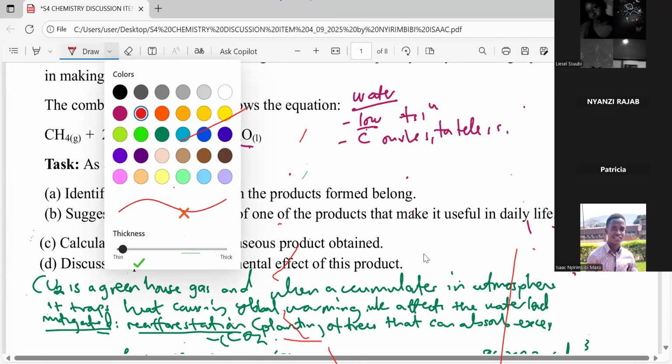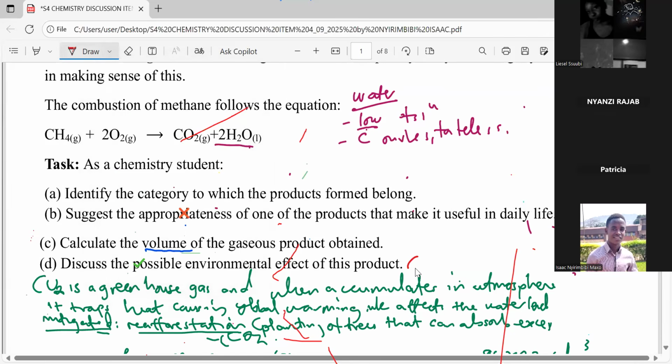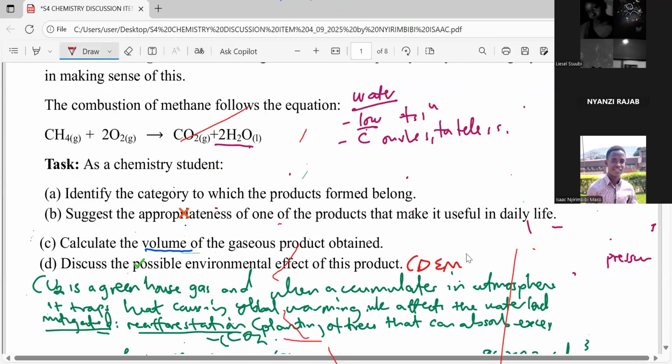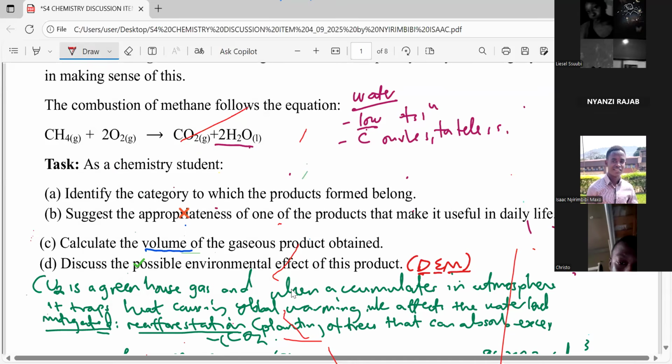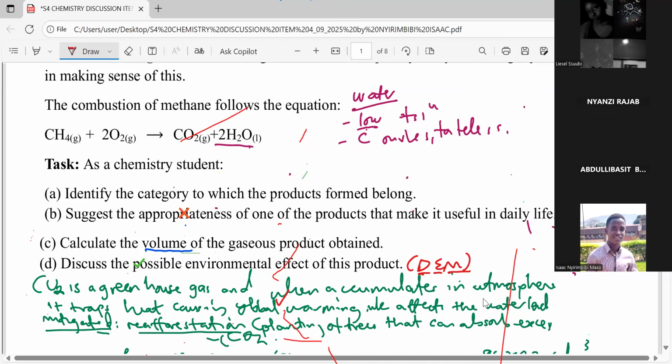So whenever we come to such questions, let's always summarize our point into the DEM: you put the danger, the effect, and the mitigation. So it has started by telling us it is a greenhouse gas, and when it accumulates in the atmosphere, it traps heat, causing global warming. A very good point. And of course, it didn't end there. It continued to show us its effect: affects the water levels, which can even bring about drought.